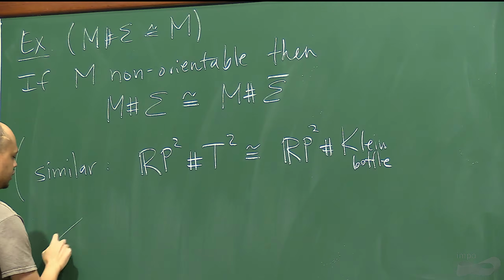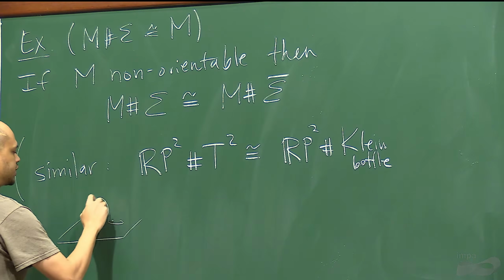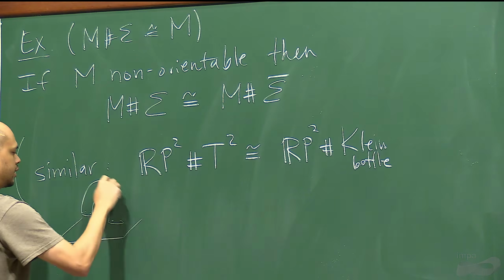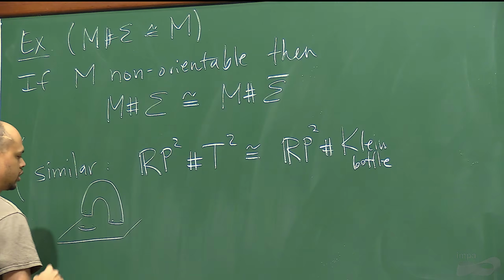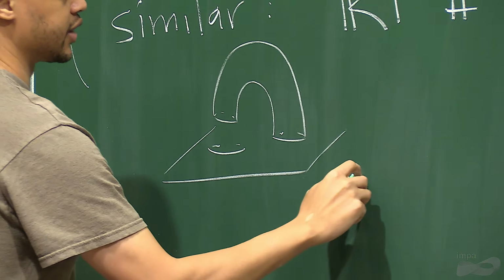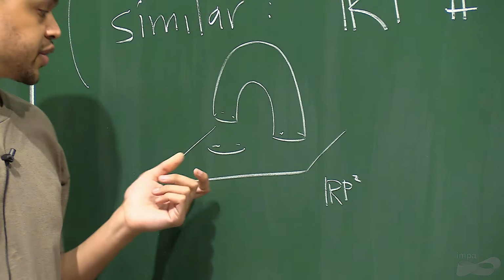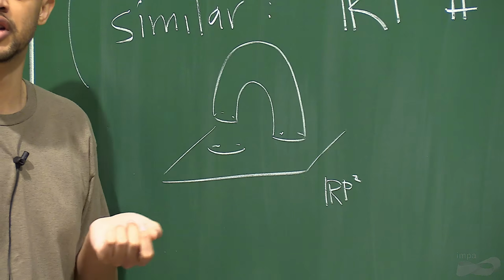And let me just remind you of the reason briefly. So RP2 is here, and you get RP2 connect sum the torus by attaching a handle.